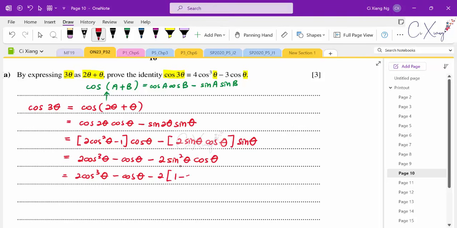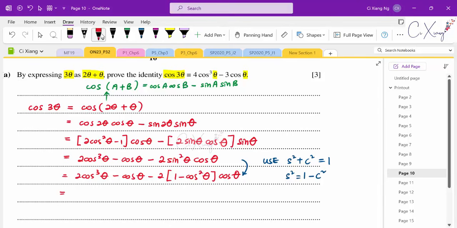So sine square can be written as 1 minus cos square theta. This is the identity that we learned in the AS syllabus before. So from here to here, we are actually using the identity where sine square plus cos square equals 1. Hence, sine square can be written as 1 minus cos square. So this is what I'm using.